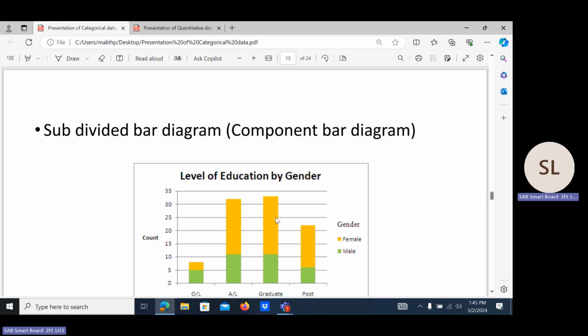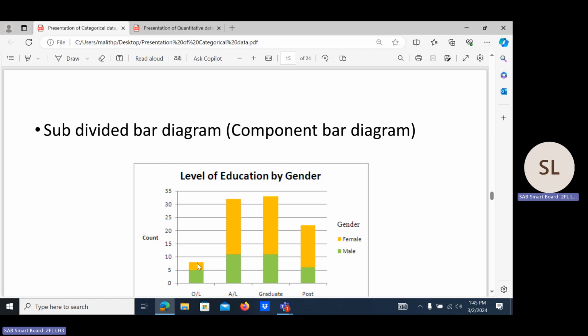These bars are subdivided into various parts in proportion to the values given in the data set. The first one is the O-level category. This bar shows the O-level category, and it is subdivided according to gender.